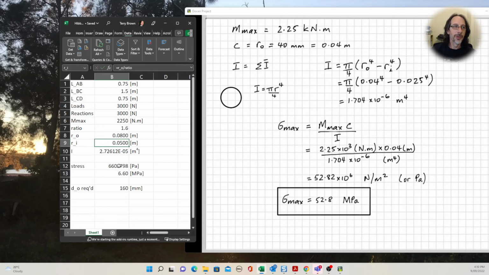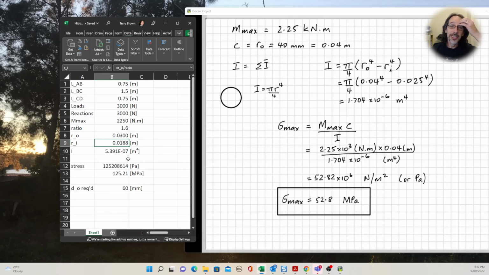Obviously it went the wrong way. I wasn't thinking about my design problem properly. Here I've got a stress of 6.6 megapascals, so that's way too low. So I need, let's try 0.03. Now I've got 125 megapascals.